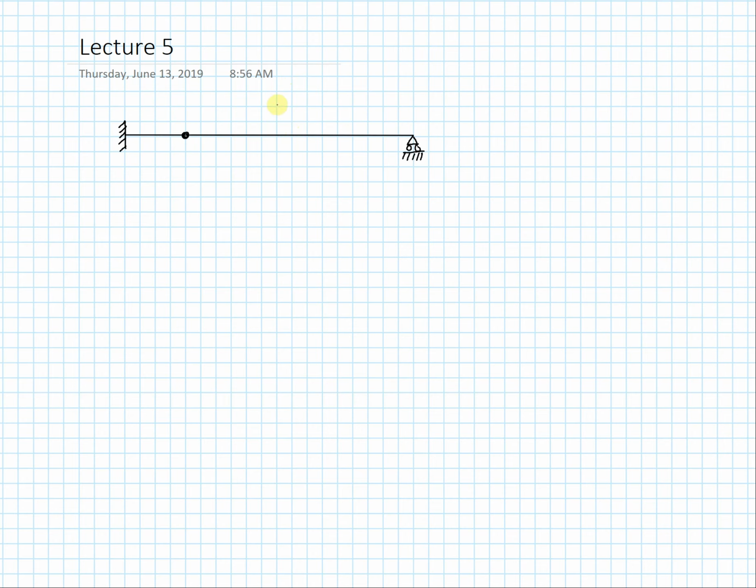And there's a point load applied that has a magnitude of 60 kips. The lengths I have are 10 feet, 10 feet, and 20 feet.